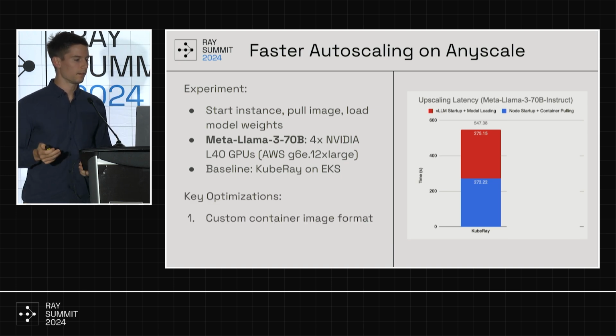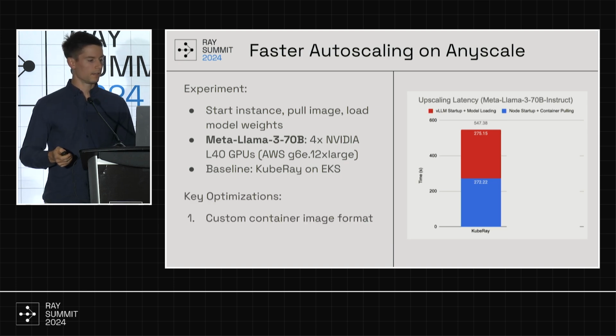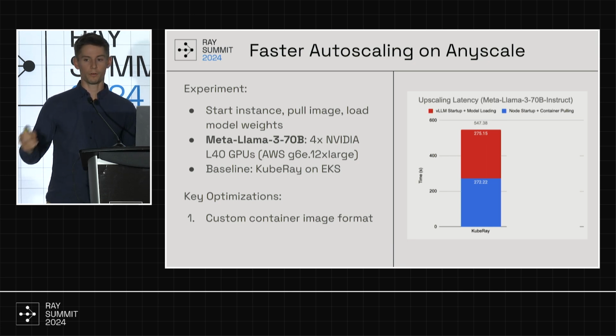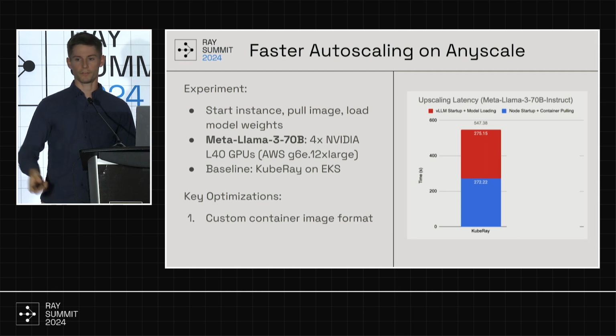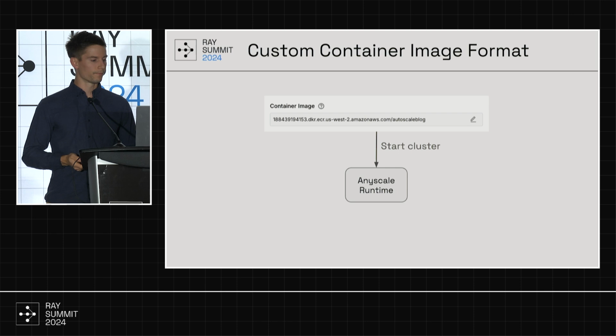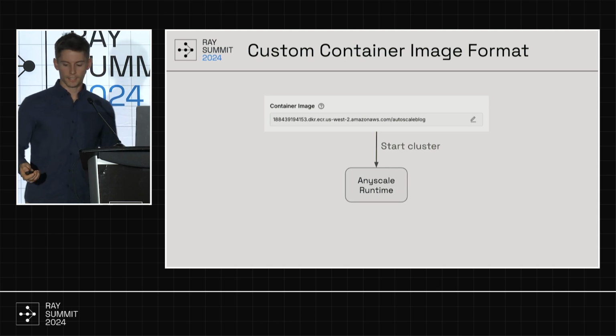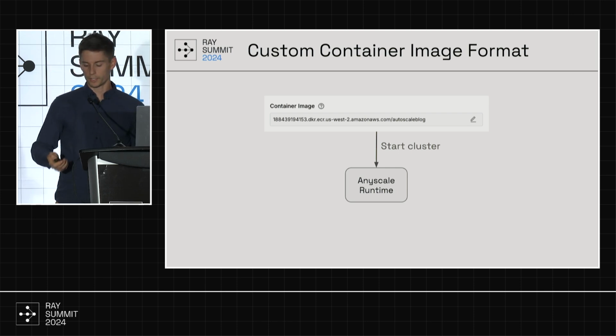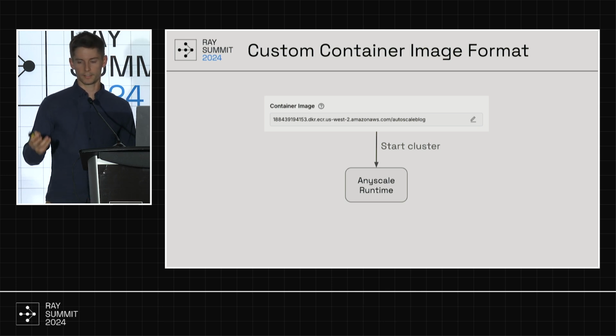So Anyscale has a couple of key optimizations here. The first is a custom container image format, which makes it possible to pull large images much, much faster than using just a default Docker or containerd client. When you start a cluster on Anyscale, you can provide any generic container image, hosted in ECR or any container registry.